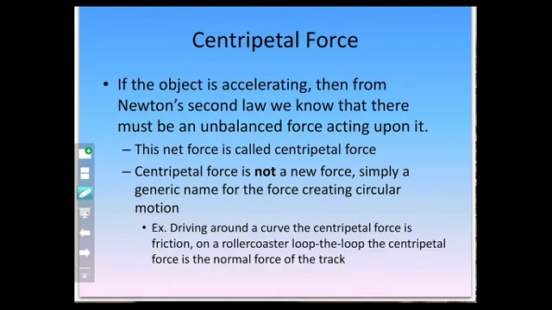Now, since we have acceleration, that means we must have some net force. As we learned previously, in order to have acceleration, we have to have an unbalanced force, or a net force. In this situation, we call that force the centripetal force. Just as the centripetal acceleration is caused by the centripetal force, it's pretty straightforward.